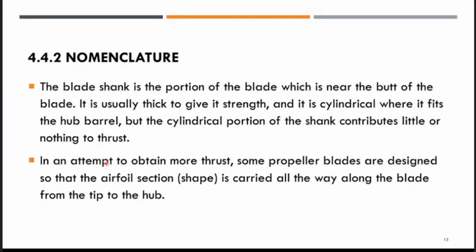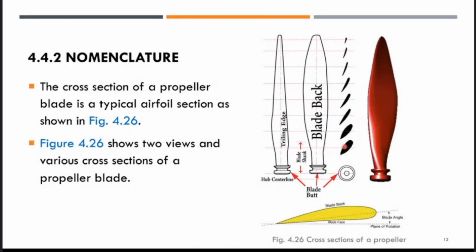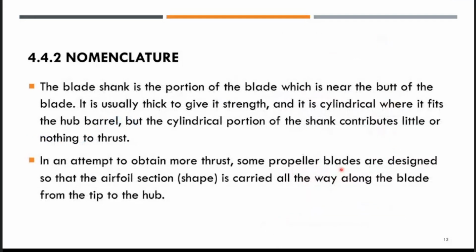So in an attempt to obtain more thrust, some propeller blades are designed so that the airfoil section shape is carried all the way along the blade from the tip to the hub. So it is carefully designed in such a way, the angle of the airfoil section shape, the one that we have seen here, it is carefully calculated and designed so that it can maximize the thrust produced.